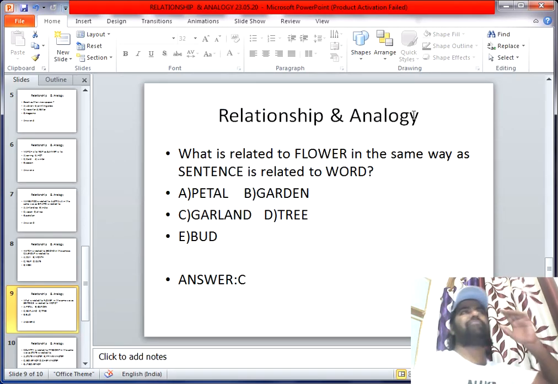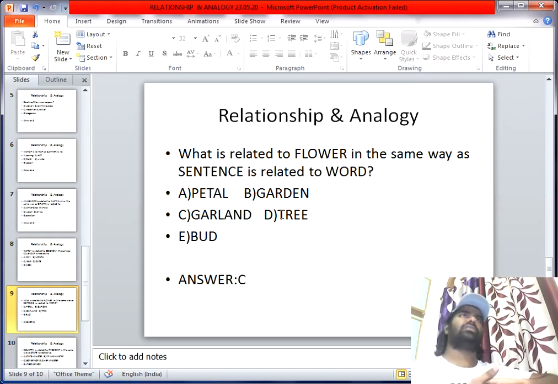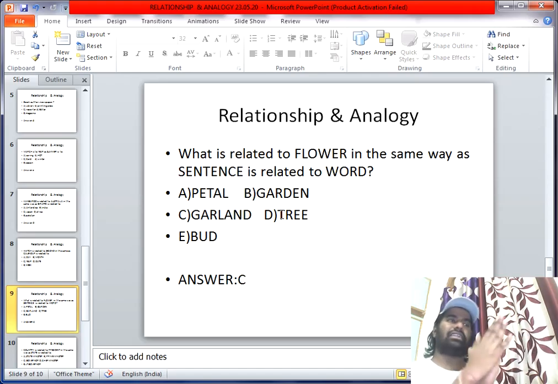If there was a pattern like a sentence related to what is related to flower, it would be the same way, but suddenly the pattern has changed. The question remains the same, the relationship remains the same, right? So the question is, what is related to flower in the same way as sentence is related to word, right?